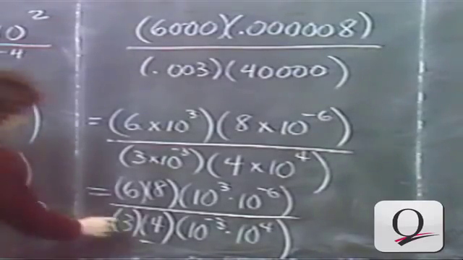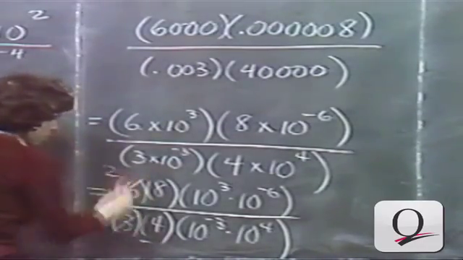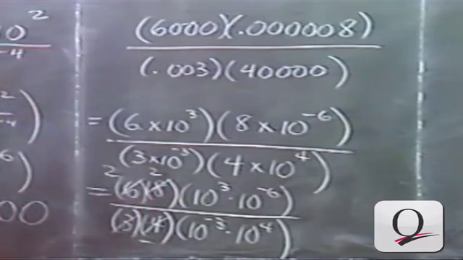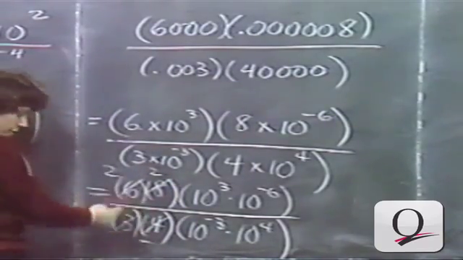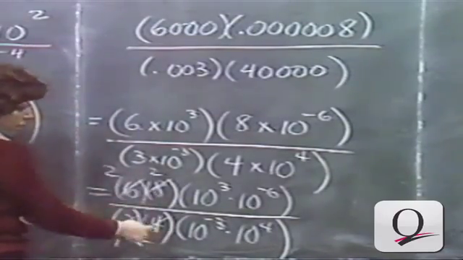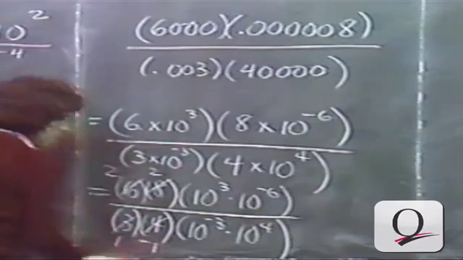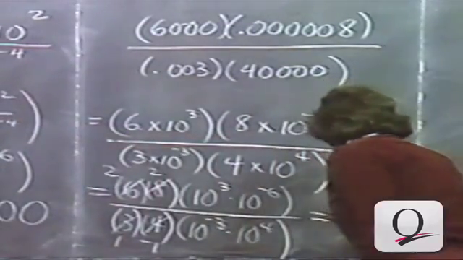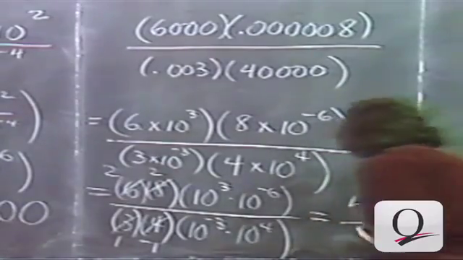Okay, 3 goes into 6 twice, 4 goes into 8 twice. Okay, these of course are ones. What we've done is divide numerator and denominator by 3 here, leaving 2 and 1. Divide numerator and denominator by 4, leaving 2 and 1. So we have on top 4 and on the bottom 1.